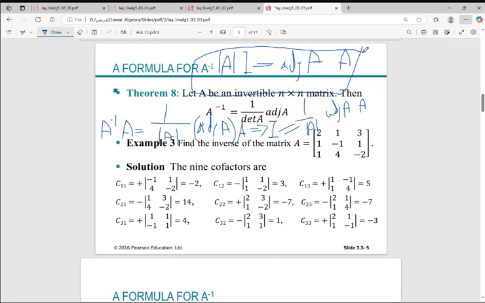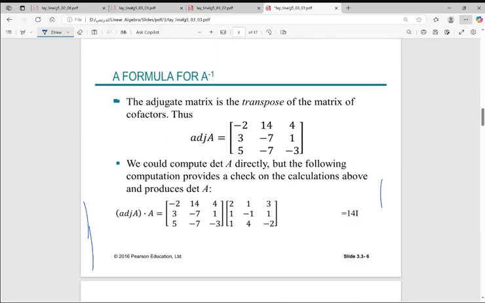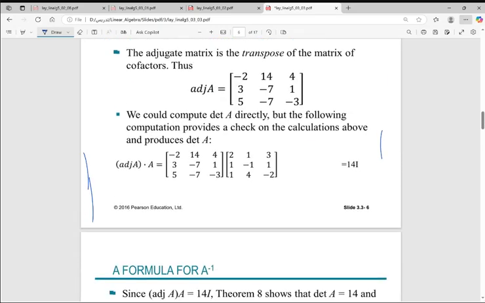So multiplication of adjugate of A and A gives you a diagonal matrix, so that all elements on the main diagonal are the same, and this same value is the determinant of A. Let's see this on our example.